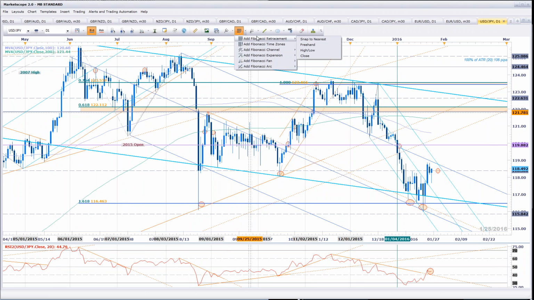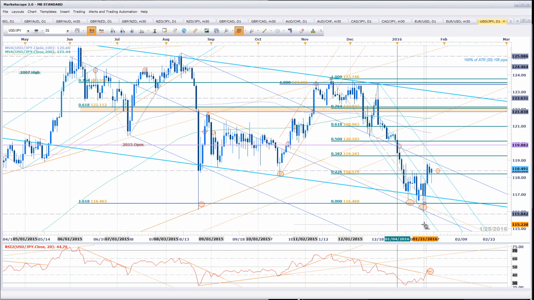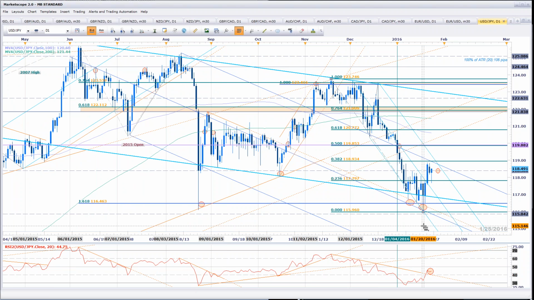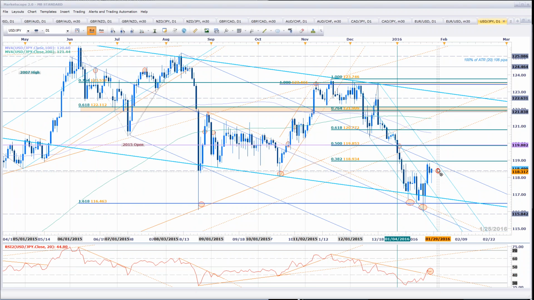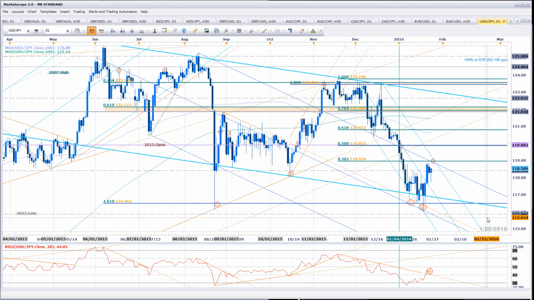Let's see what this retracement looks like. Hey, look what's there. 119 basically is the 38.2. We'll leave those. So area of possible interest for dollar yen's resistance.